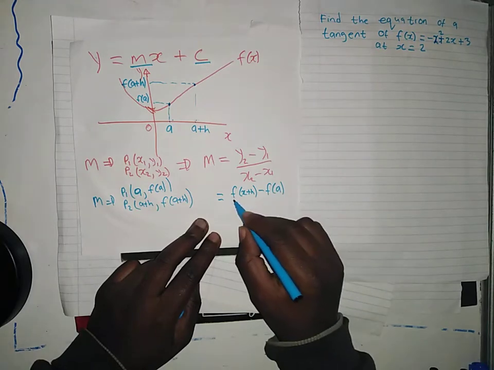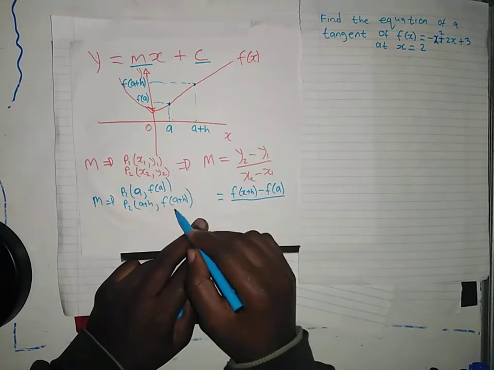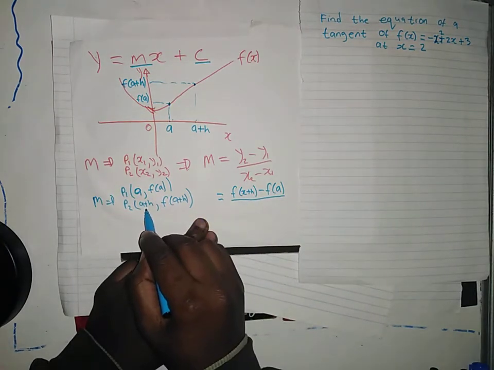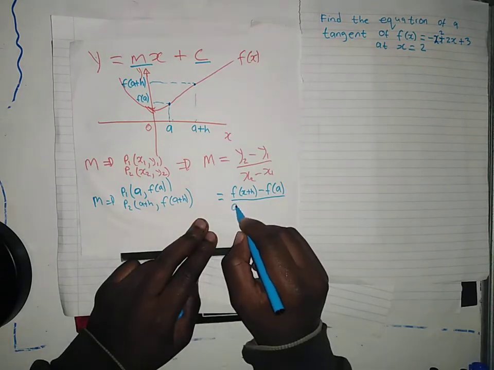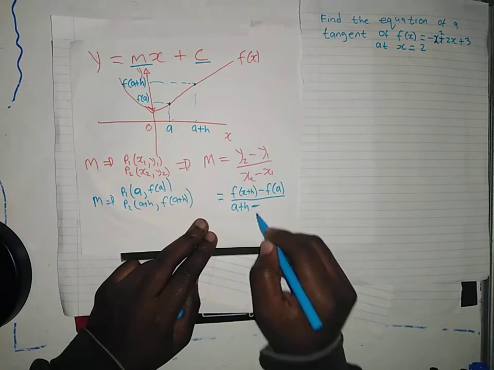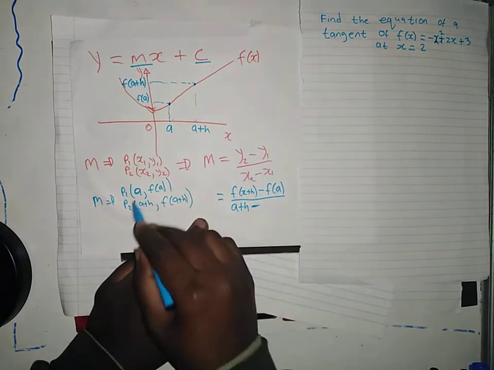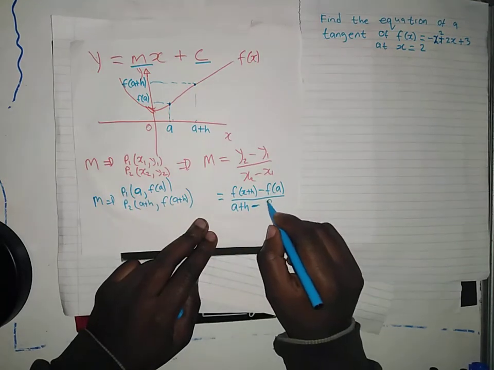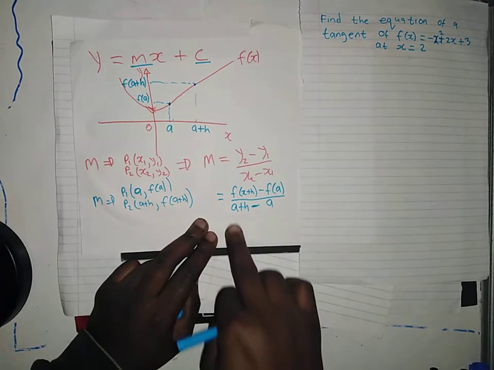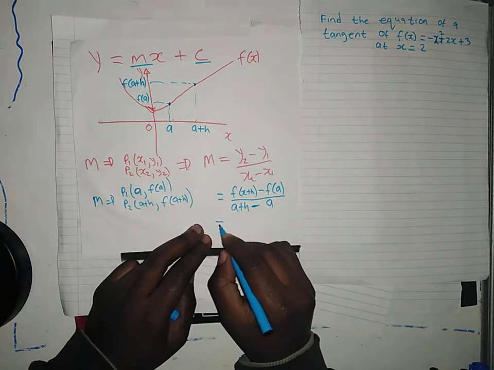Then all divided by x2, which is a plus h, minus x1, which is a. And a minus a is 0.